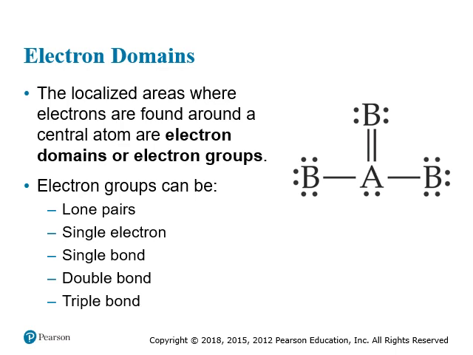If you will look at the B's represented on the left and right of our central atom, you will note that they have 4 electron groups around them. Each of those B's has 1 single bond and 3 lone pairs.